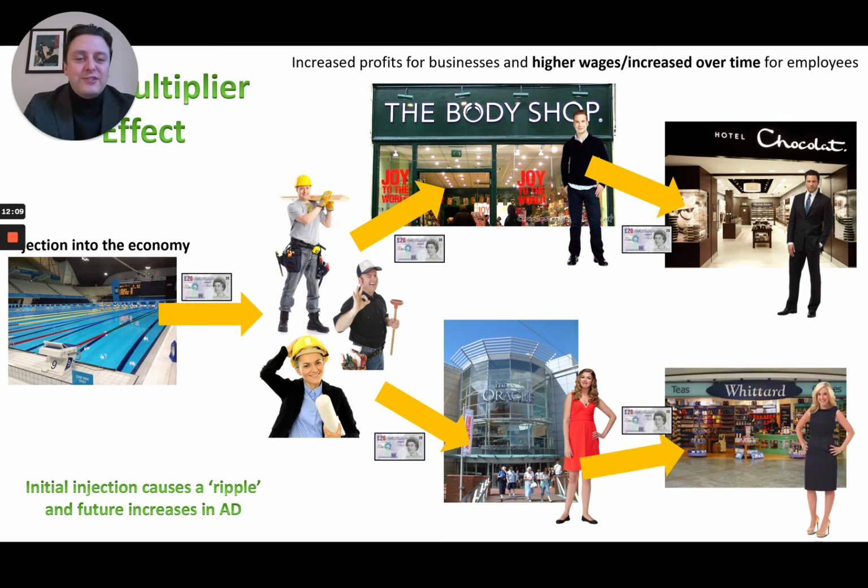It could be a range of different activities. Okay, so you can see there that the initial injection in the swimming pool has led to a ripple effect throughout the economy and has improved the business of a whole bunch of seemingly unrelated businesses.